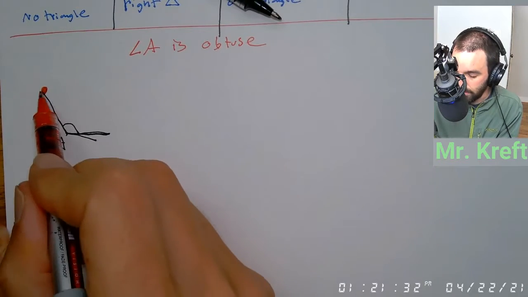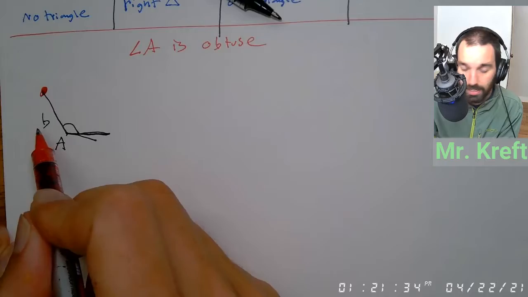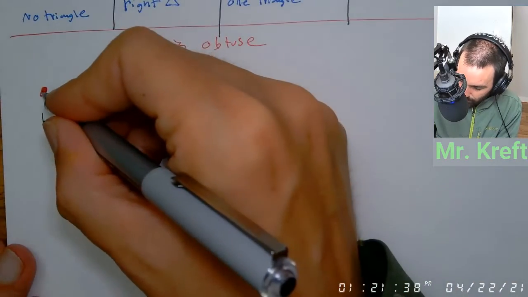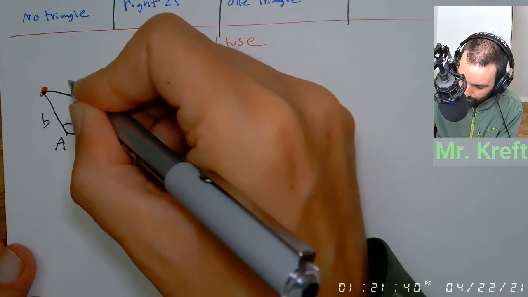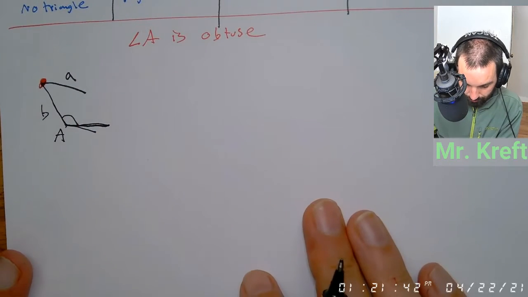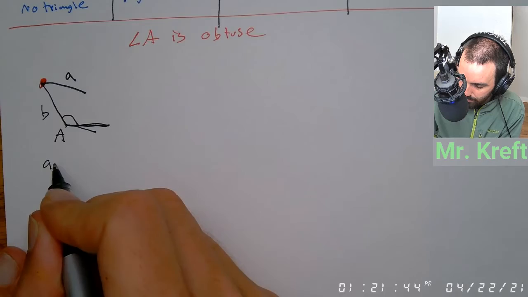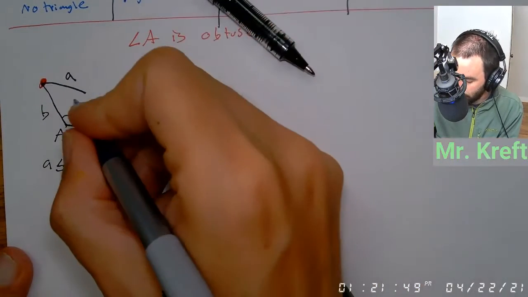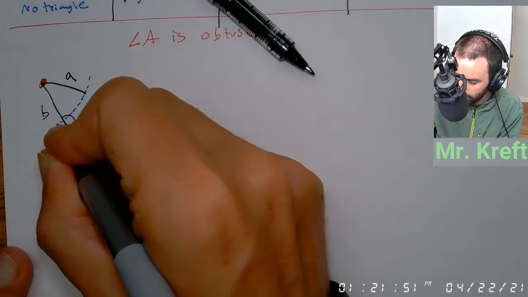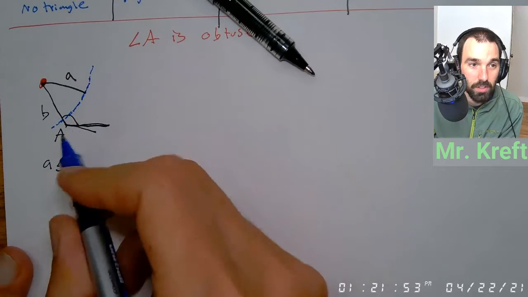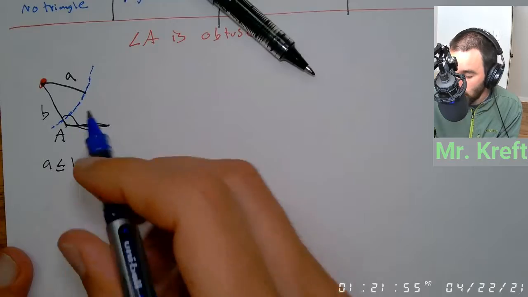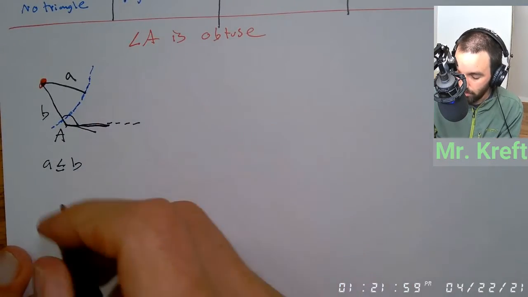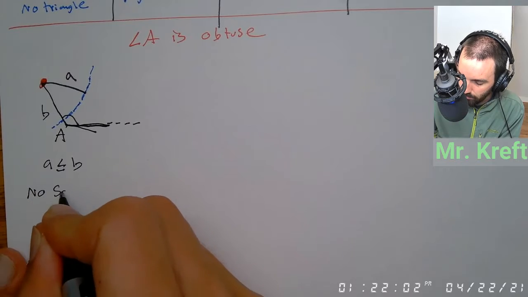So we have angle A, and side B off angle A. Now, if side A is small, if A is less than or equal to B, then you can see what happens when you try to swing it. We're not going to get a triangle. We don't intersect this side down here. So no solution.